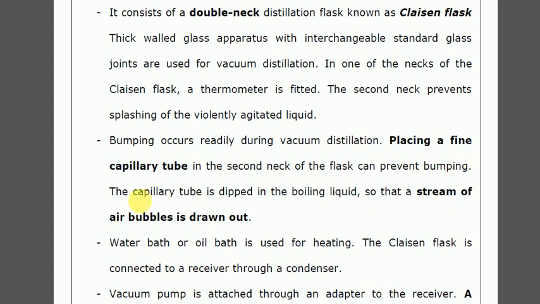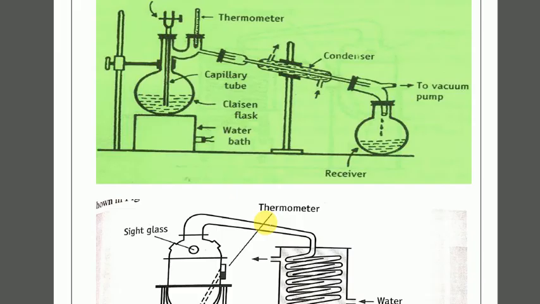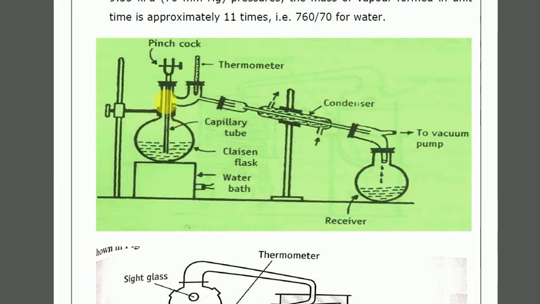Okay, the capillary tube is dipped in the boiling liquid so that a stream of air bubbles is drawn out. Okay, here see, this will prevent the bumping, or extreme or violent boiling of the liquid will be prevented.